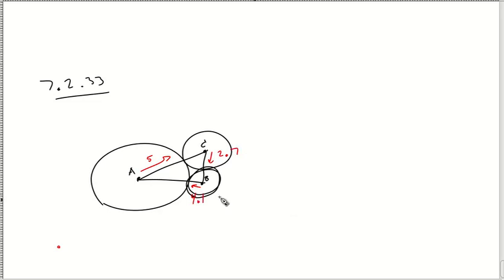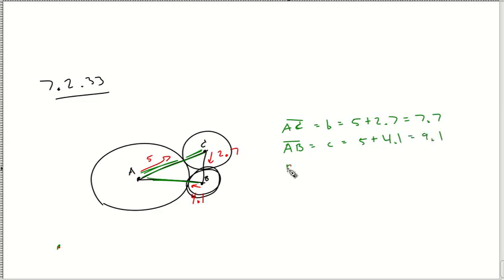Okay, so how do we find out the lengths then? Well, notice that this length right here is going to be an A and then also a C. And so the AC line, which is little b essentially, is equal to the 5 plus the 2.7, which is equal to 7.7. My AB line right here, which is equal to little c, is 5 plus 4.1, 9.1.